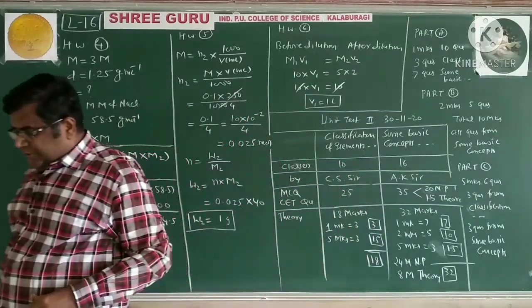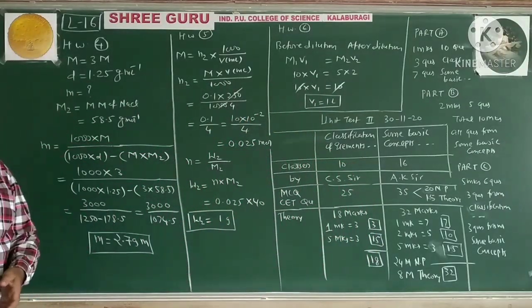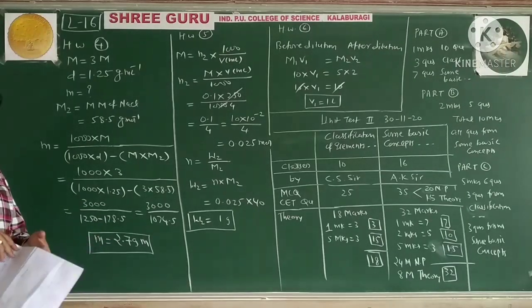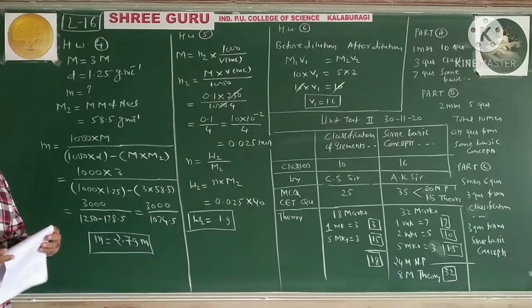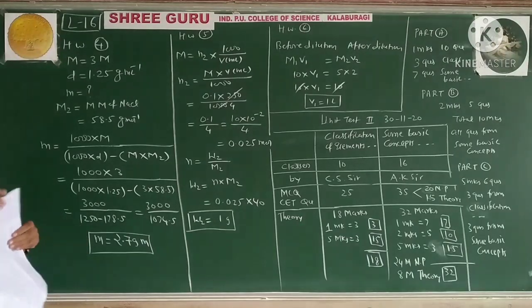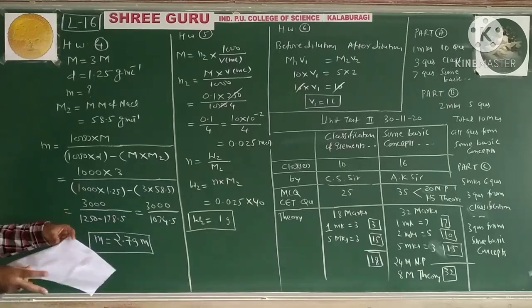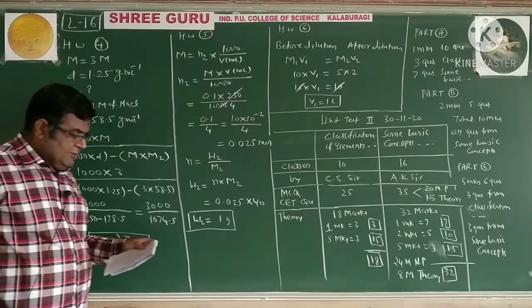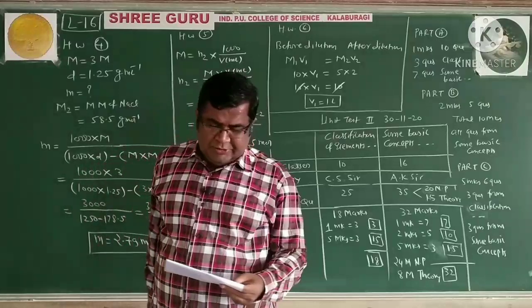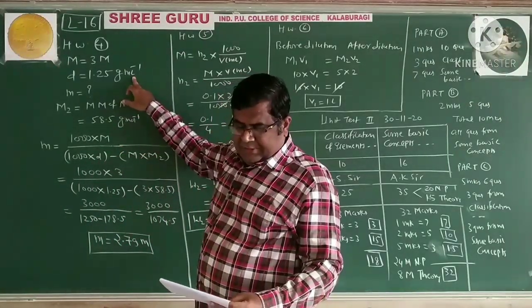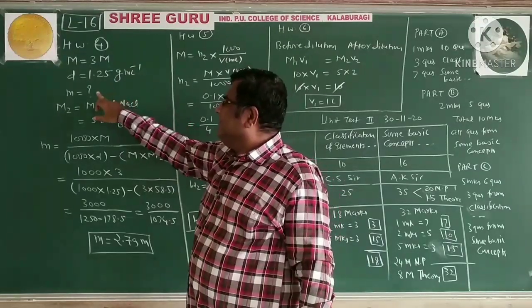So the first question which I have given you as homework was a 3 molar NaCl solution, and they have given that its density is 1.25 gram per milliliter, and we have to calculate the molality.